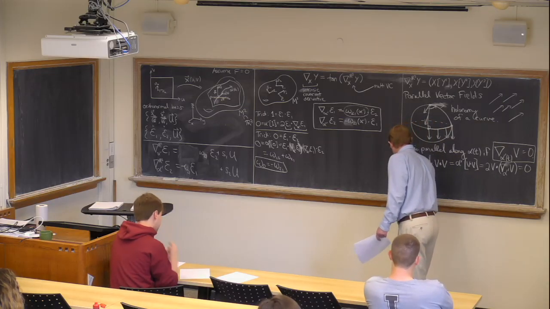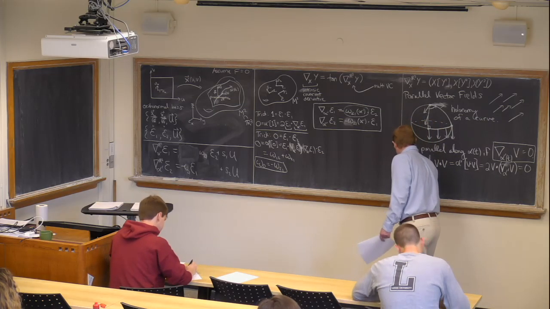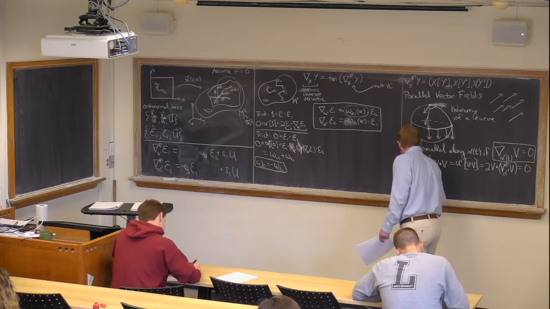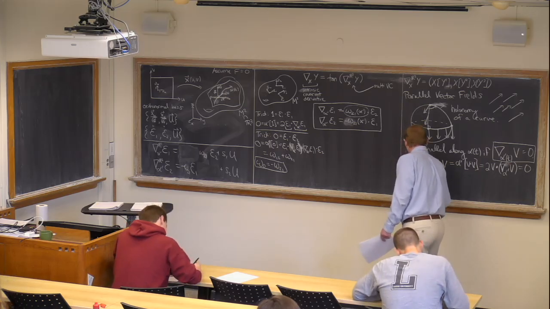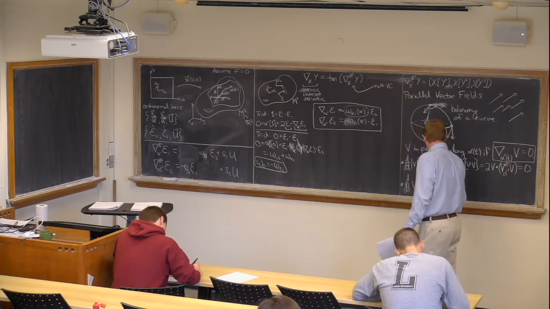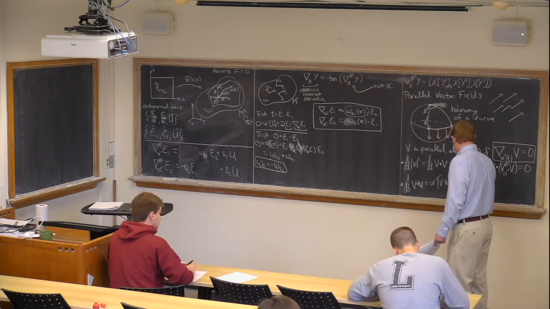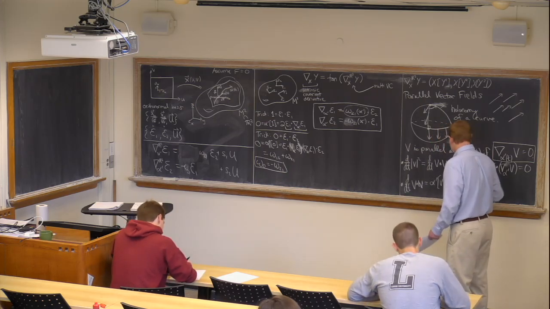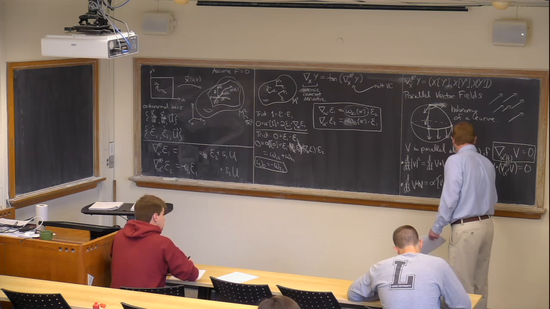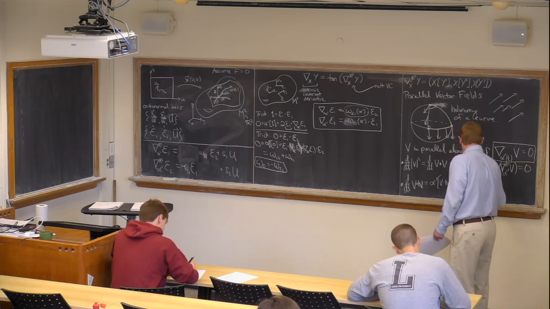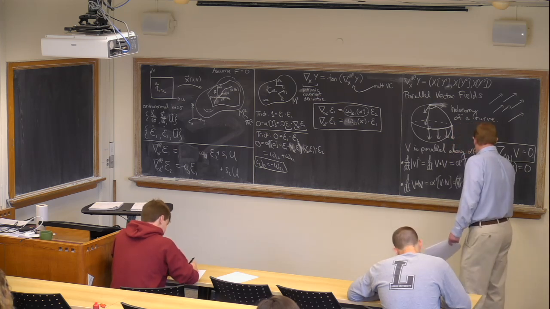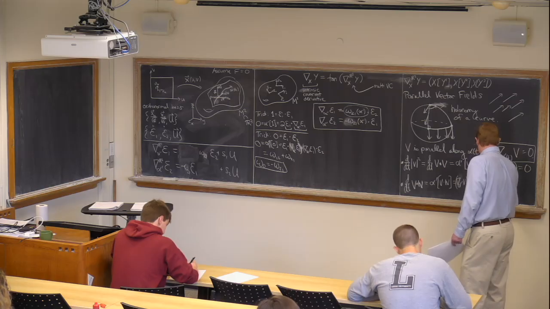The second fact is, what is d dt of, let's say, v dot w? This is also alpha prime of v dot w, and then you apply the product rule, so you get the covariant derivative in the alpha prime direction of v dot w plus v dot the covariant derivative in the alpha prime direction of w.